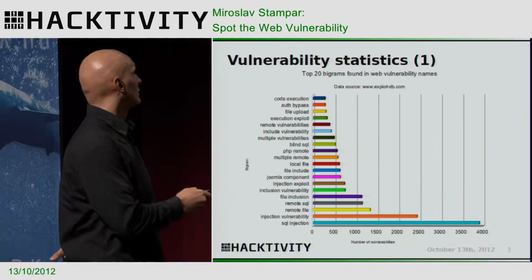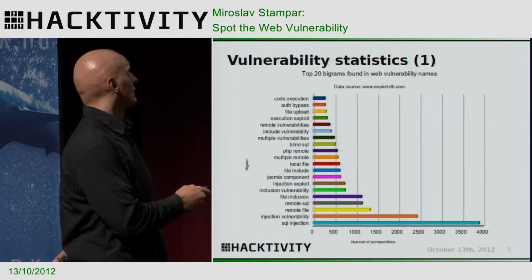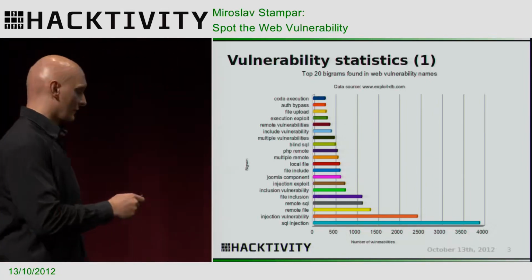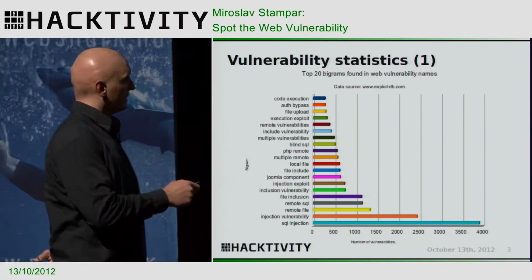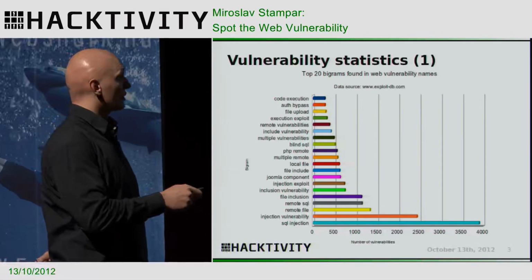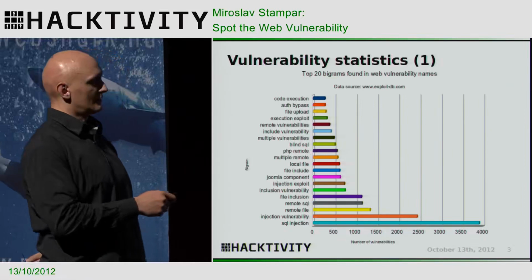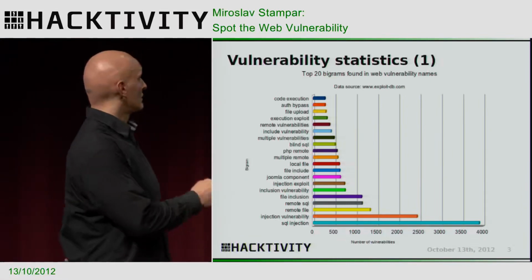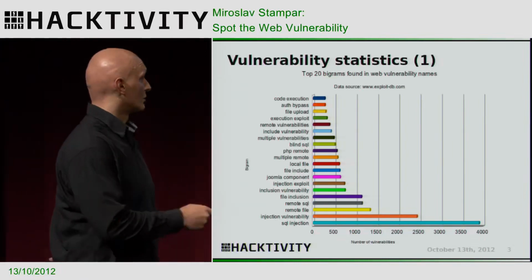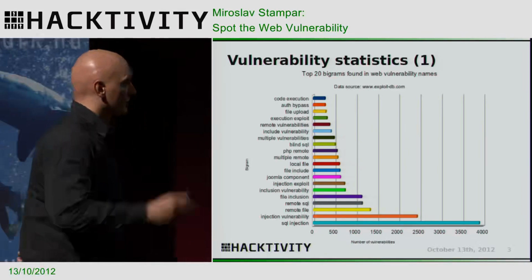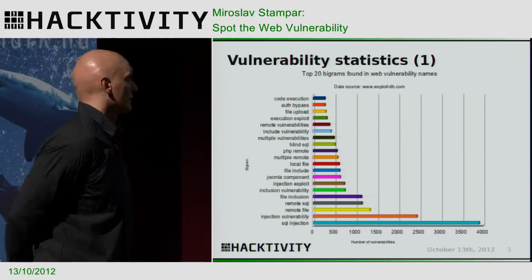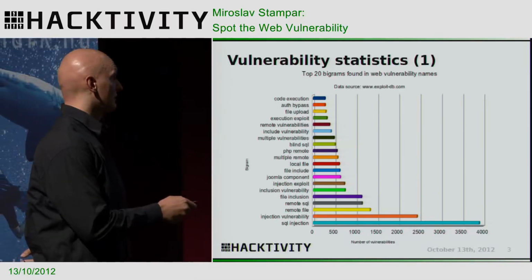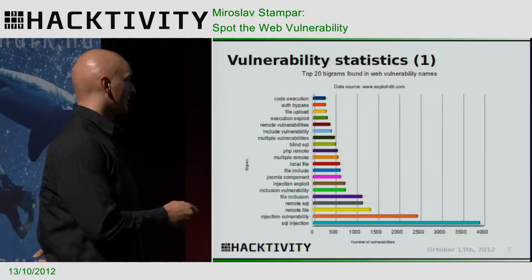You see also more SQL, remote vulnerabilities and stuff like that. This is just for you to see what's going on in the vulnerability world. What is hot, what's not hot, and stuff like that. This is only the top 20 bigrams, so there are lots and lots of other stuff going on. You should just have the clear vision that this is by far the most exploited stuff going on.